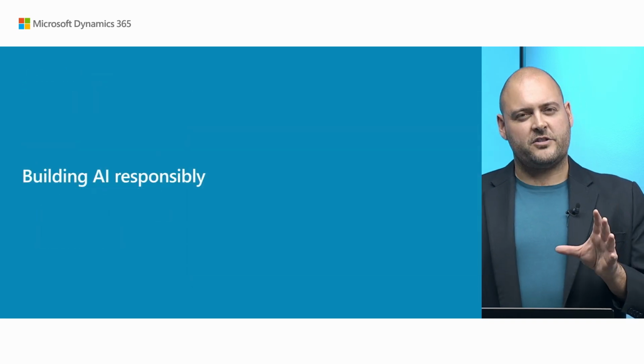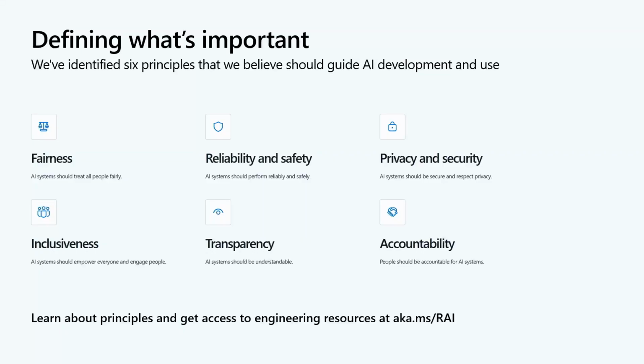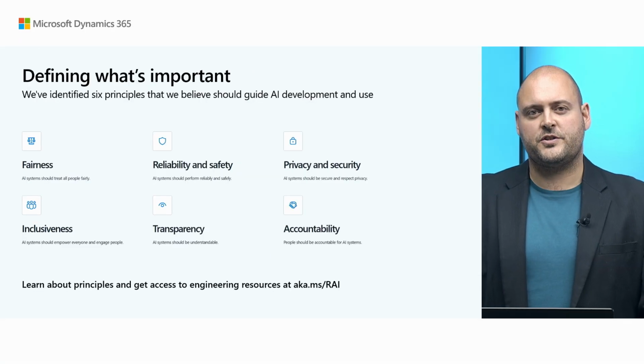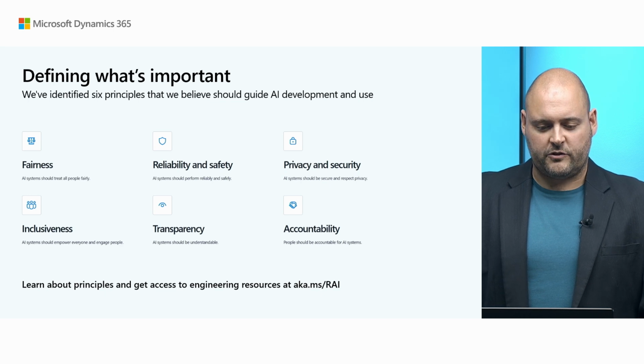Now, a lot of that in putting customers in control is all about responsible AI. So I want to take a few moments to talk about what this is. Microsoft's been investing in ethical AI for years, actually. And we've come up with these principles which we hold very dear to our heart and we think are very important to reflect also in the extensions that you build. These principles include fairness, reliability and safety, privacy and security, inclusiveness, transparency, and accountability.